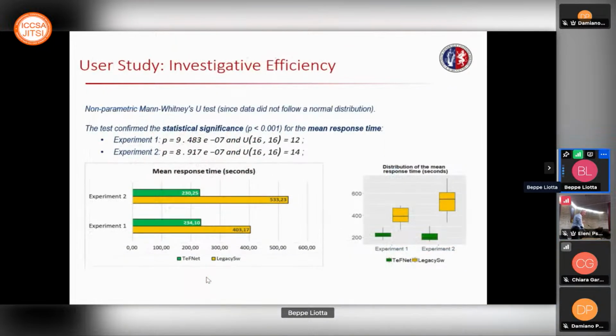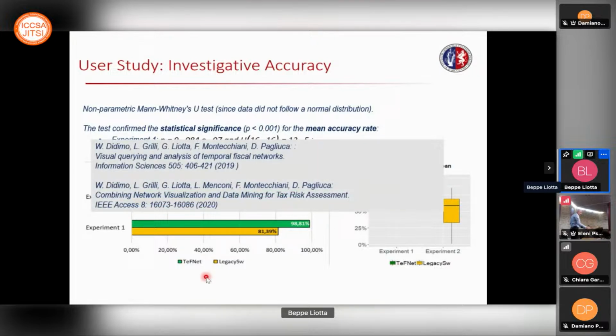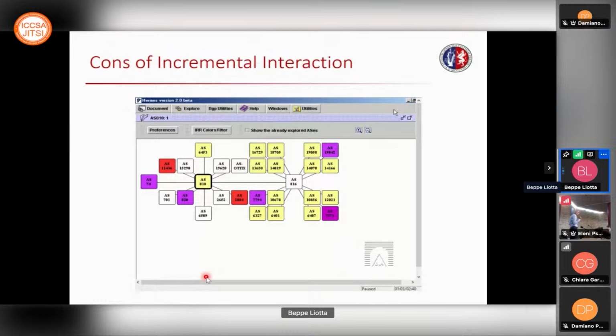Okay, and then you can study things like efficiency and accuracy, and we made such studies, and both accuracy and efficiency have increased significantly with this tool. The concept of incremental interaction is, however, that you do not know the boundary of the network you're dealing with. So this is another application, used by RIPE.